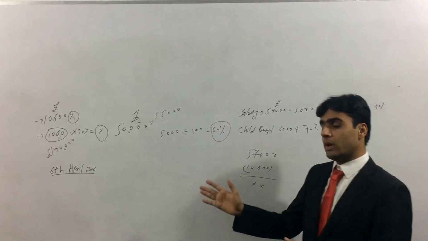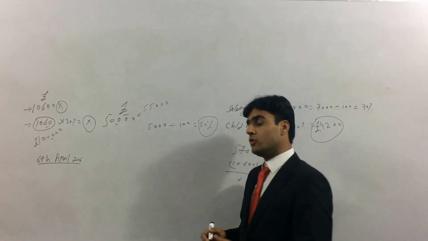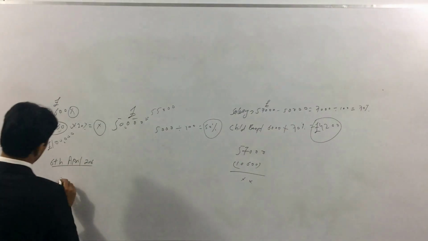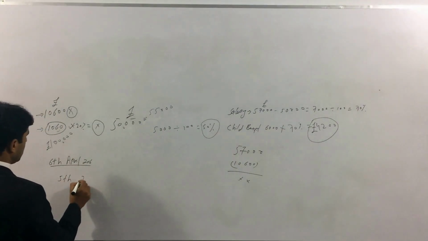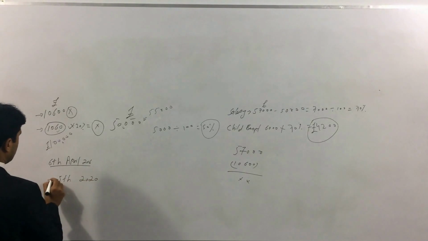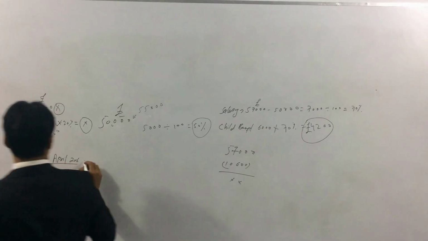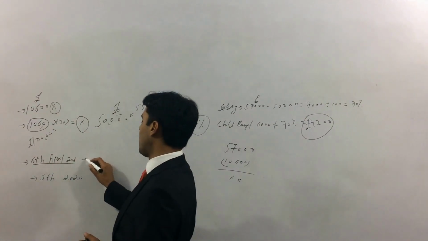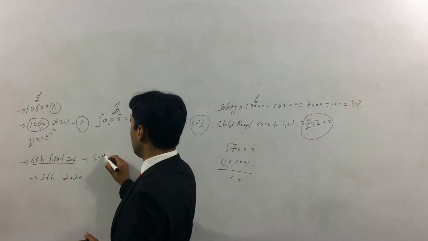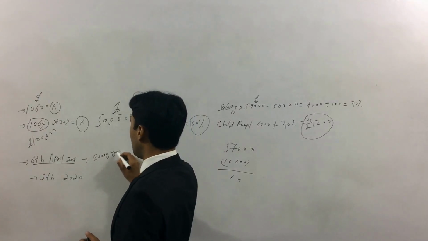However, if they do not do that by that date, then they must do it by 5th of April 2020. If they do it by this date, then it will be every year after that.